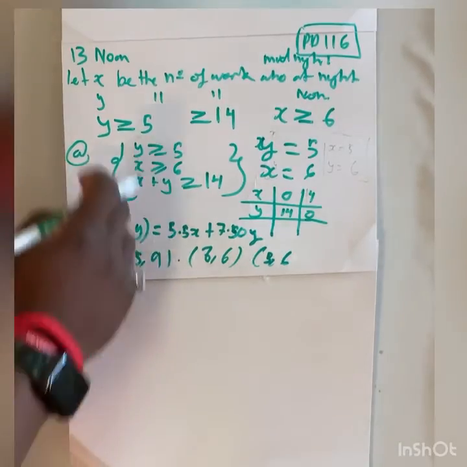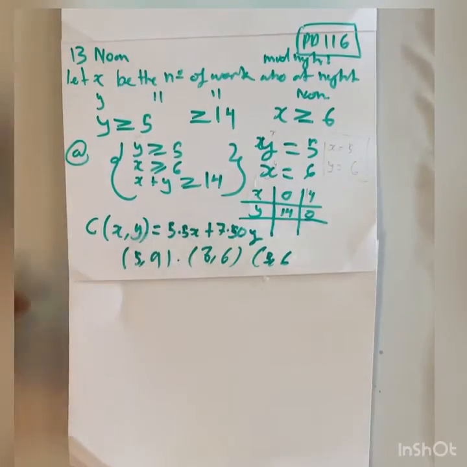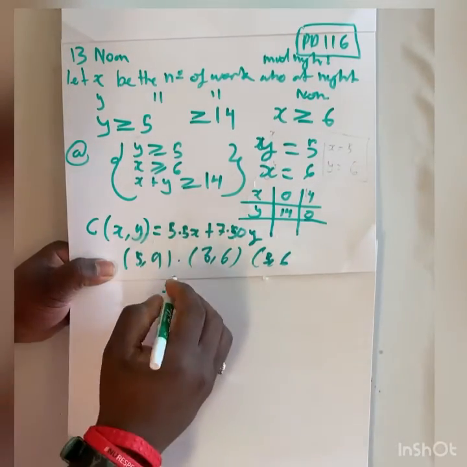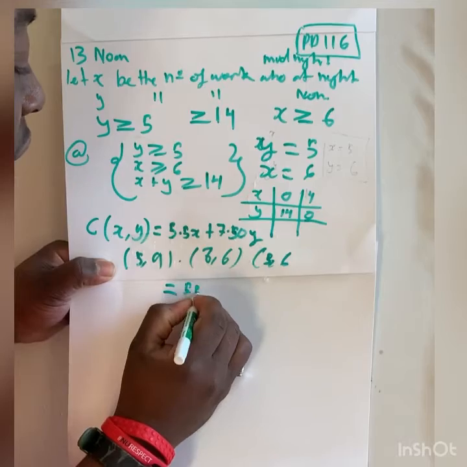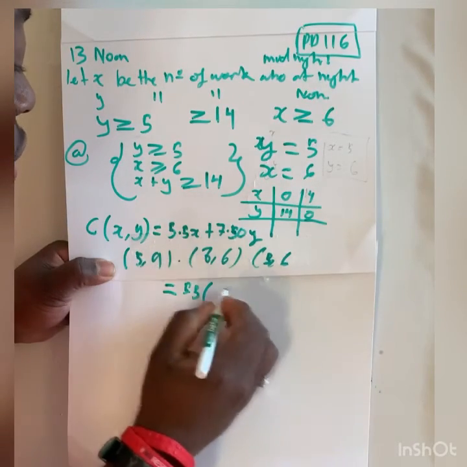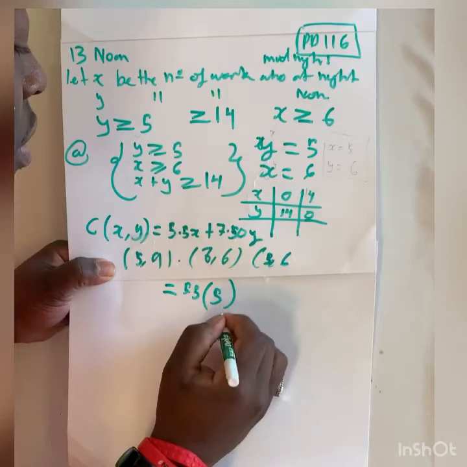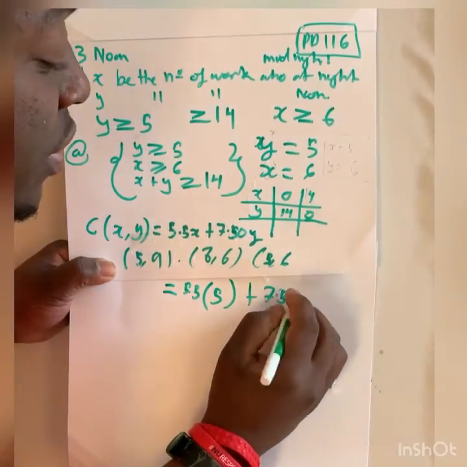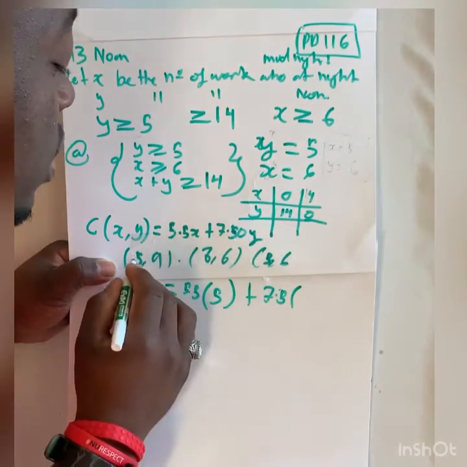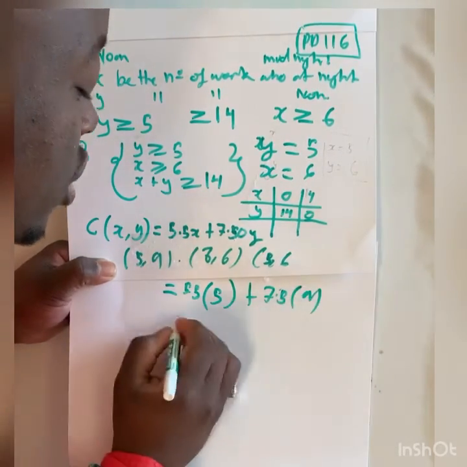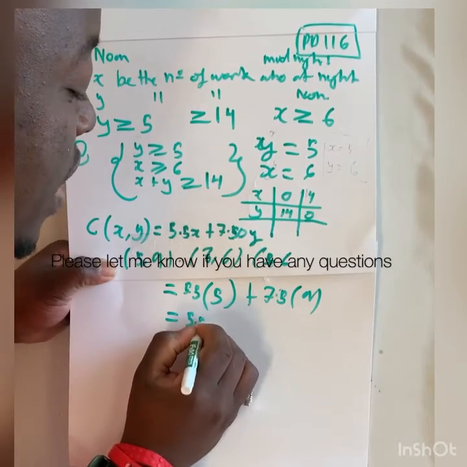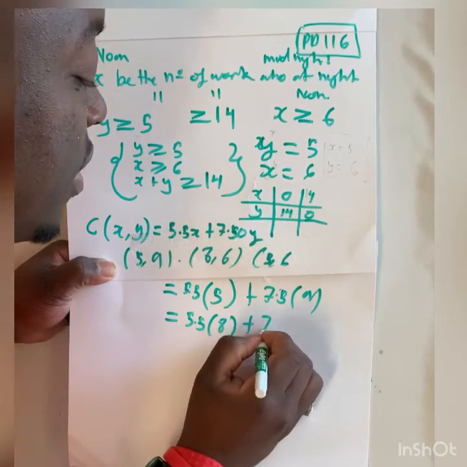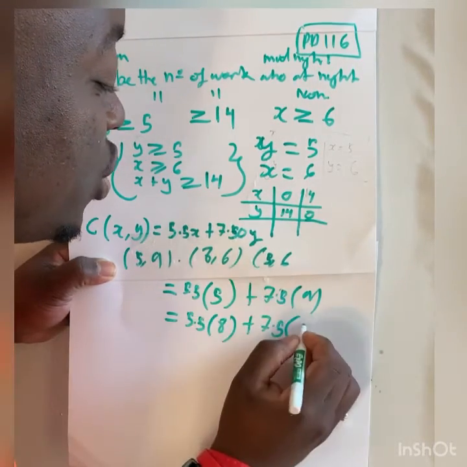So I'm going to put them in and see which one gets the highest amount, the maximum money. 5.5 times 5 plus 7.5 times 9, that is the first one. Then $5.5 times the second one, 8, plus $7.5 times 6.